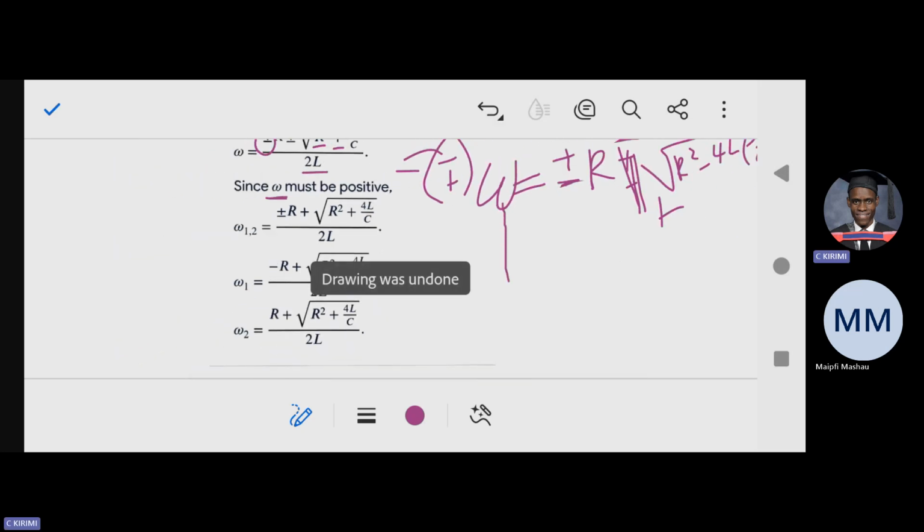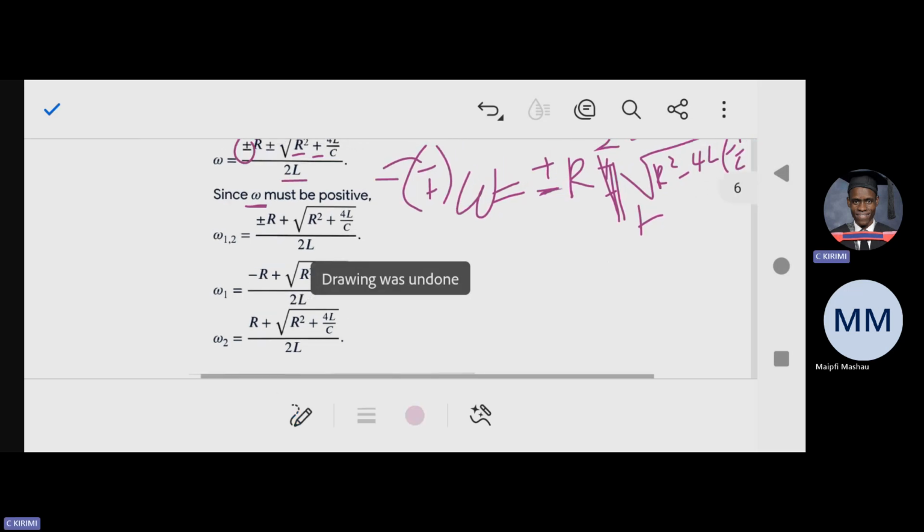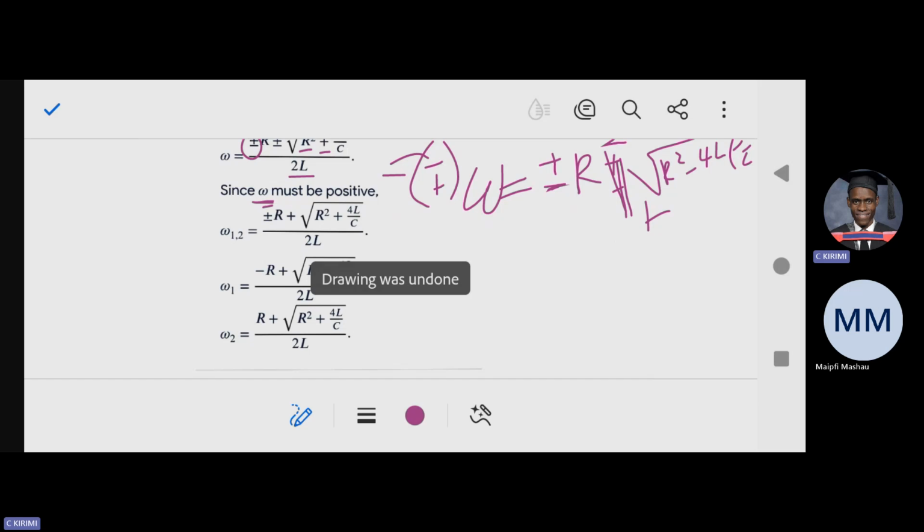So our two values are coming from the idea of W1, the first one, positive and negative. This is the negative, and this is the positive. But this does not make omega negative, because what is on the right-hand side is already big.